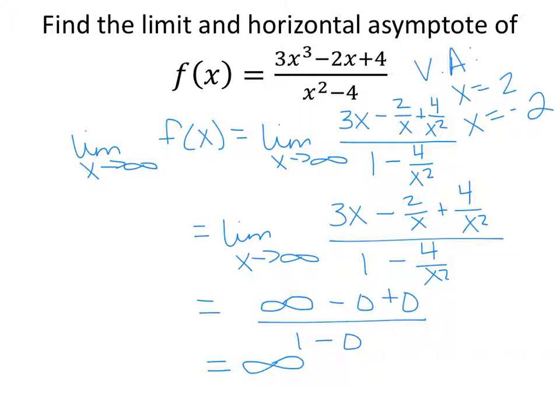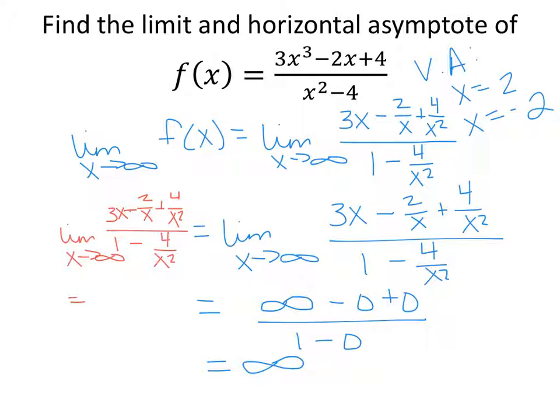I can do the same thing and work in reverse and go towards negative infinity. The only difference, if I write this as the limit as x approaches negative infinity, is I would still have the 3x minus 2 over x plus 4 over x squared, and the 1 minus 4 over x squared.